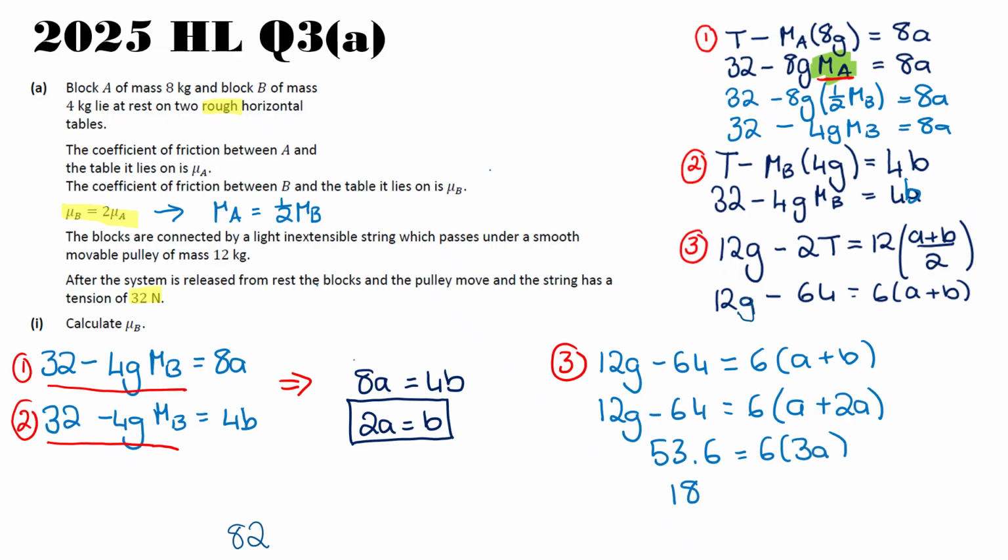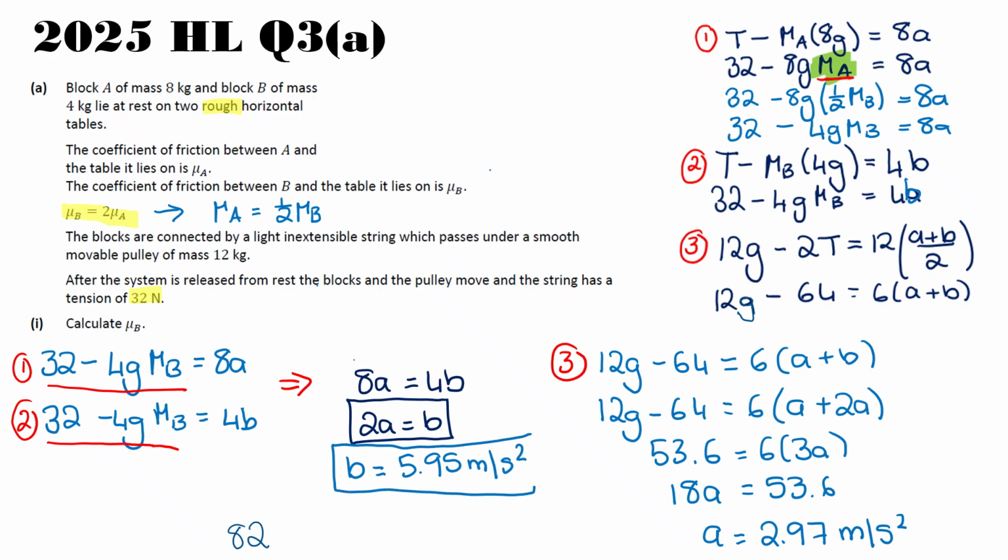So that gives us 18a is equal to 53.6. Dividing both sides by 18 is going to get us to a is equal to 2.97 meters per second squared. b is then going to be 2 times that. So if we just double that number, we get 5.95 meters per second squared.